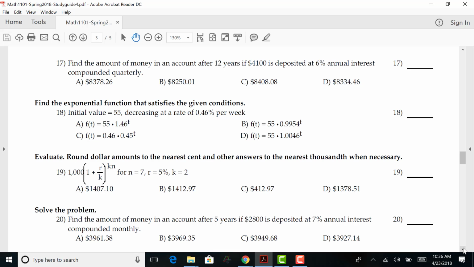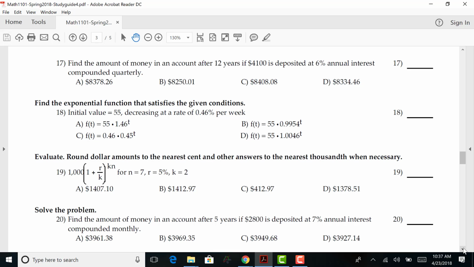So here's the formula: A equals P times (1 plus r over k). It could have an n in the place of the k, or this should be kt. Just know that these letters don't always have to be the same. This number, what we call k, is always going to be your compounding amount. t is always going to be your years. They could change the letters, but the process is still the same.